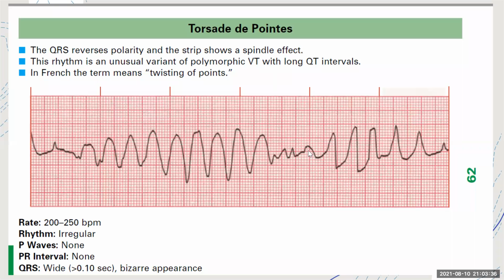So sometimes these points are twisted, and you will find typical monomorphic waves, then a twisted point comes, followed by monomorphic waves, and then a twisted point comes again. It will give you a spindle-shaped appearance. You can say this is torsades de pointes. This is very peculiar and very much appreciable.